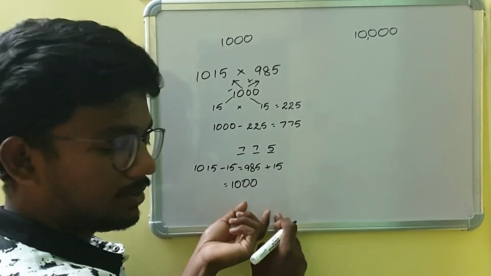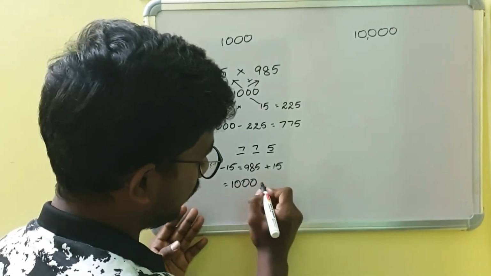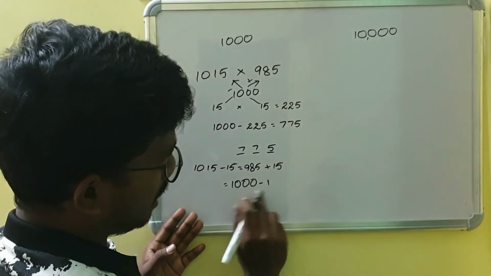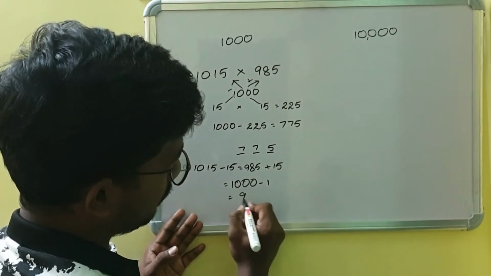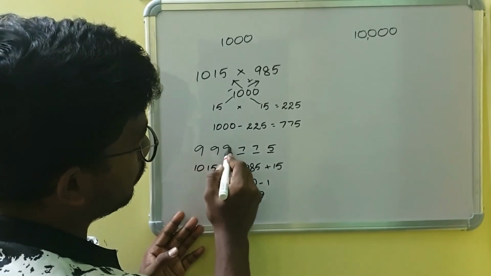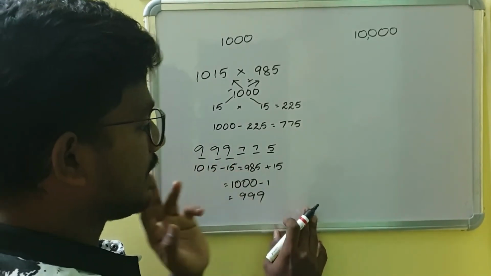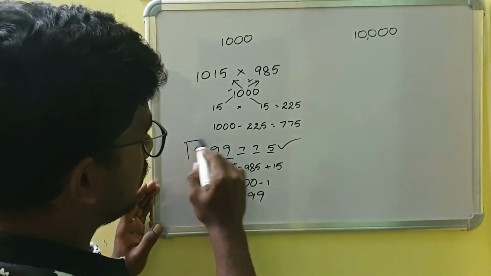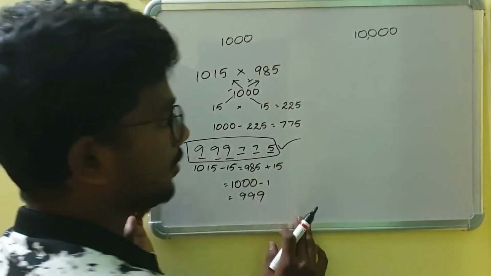After obtaining the value, we have to take out 1 from the answer, by which we get 999. So our required answer is 999775. Okay, this is how we save our time.